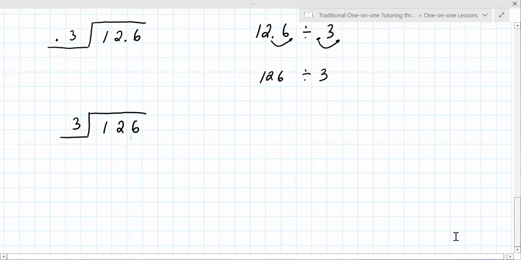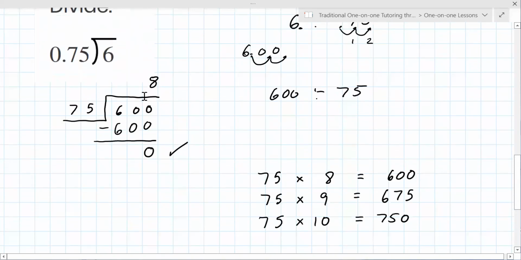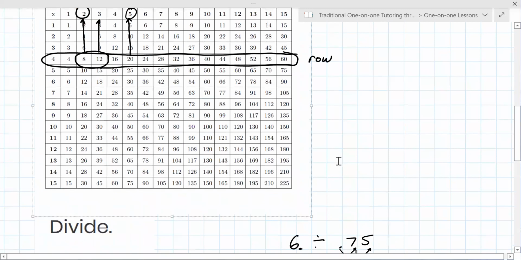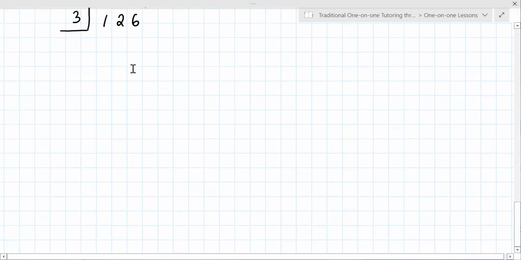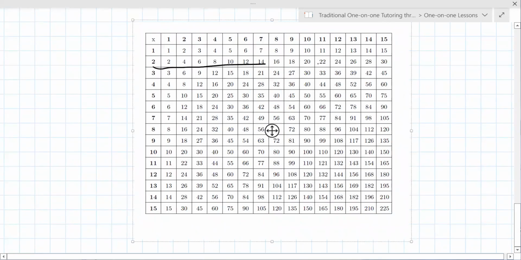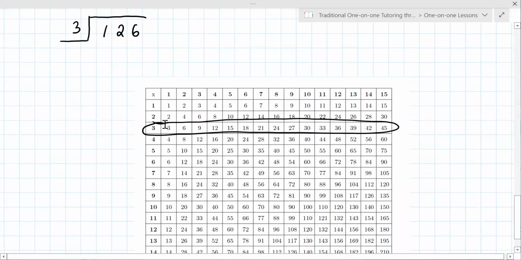Go to your multiplication table. What you want to do is go to that row with a 3. You're not multiplying. You're going to the row with the 3, and you're looking for 12.